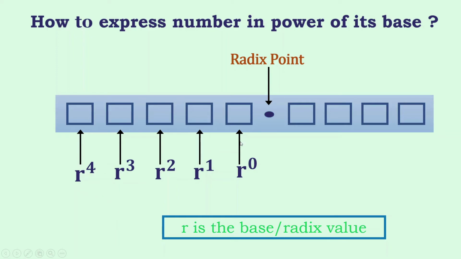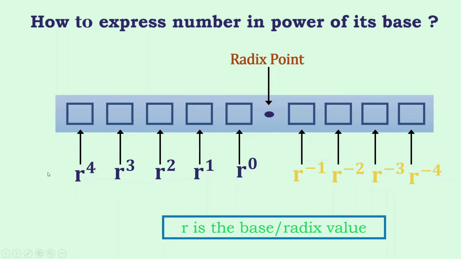Let's see what happens to digits present on the right hand side of the radix point. The first digit will have the weight r raised to minus 1, the next digit will have r raised to minus 2, then r raised to minus 3 and r raised to minus 4.